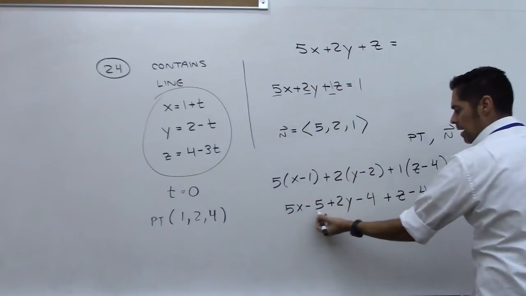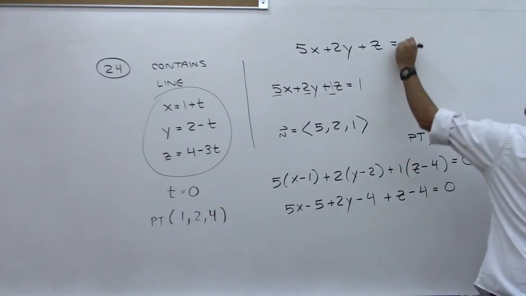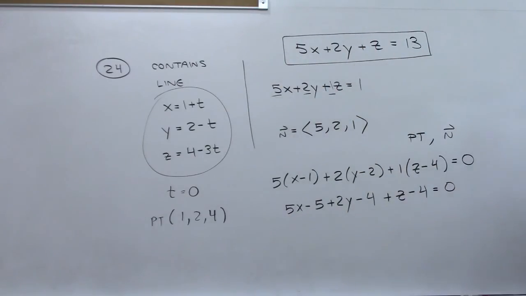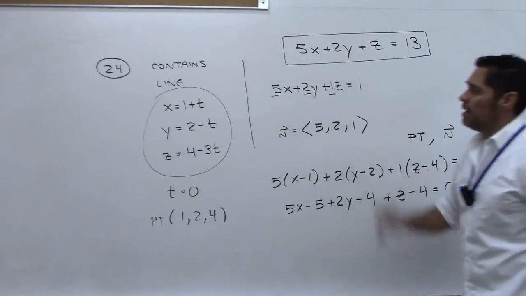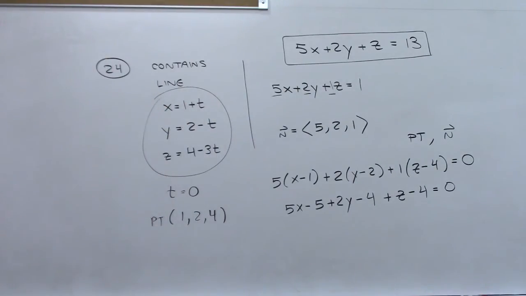Negative 9 and then negative 13, bring it to the other side, positive 13. That is the equation of the plane that is parallel to this plane and contains the entire line. It's kind of amazing that that entire line is in there, huh?